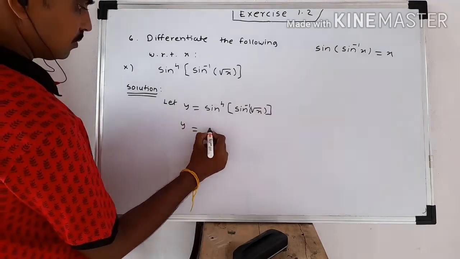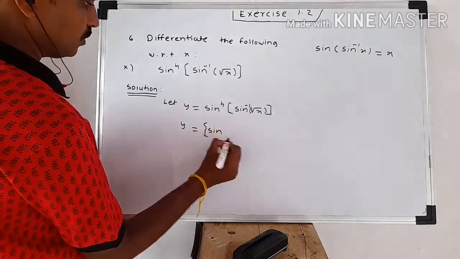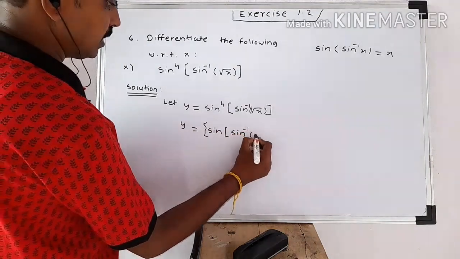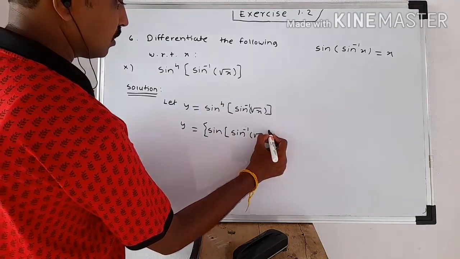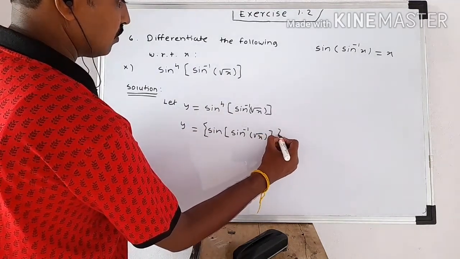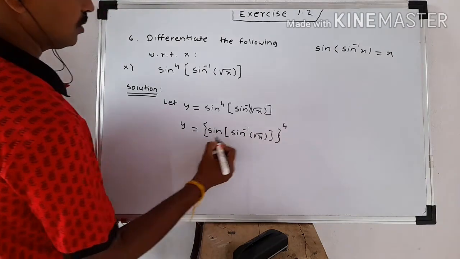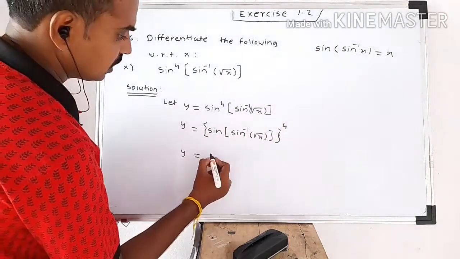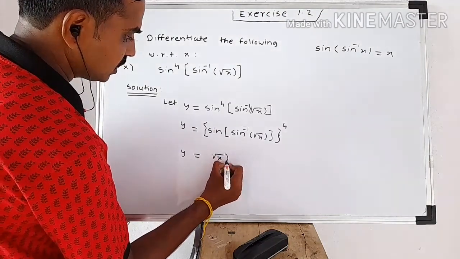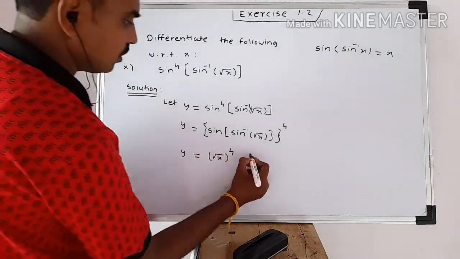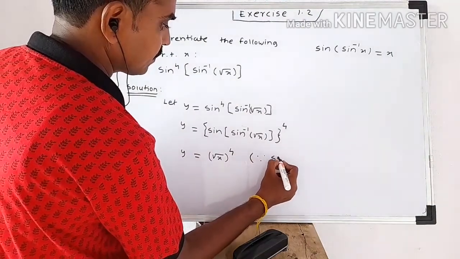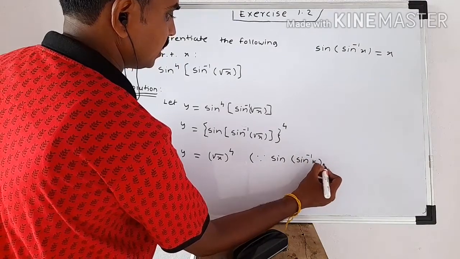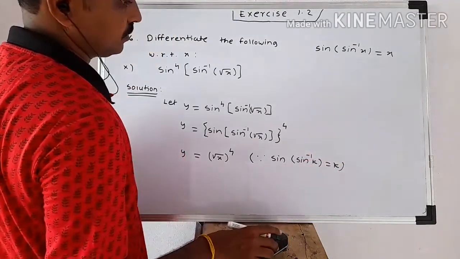Then we write the power for sin outside a curly bracket. The power of sin is 4, and by using this formula, sin of sin inverse of root x simplifies to root x raised to 4. We write the reason here: sin of sin inverse of k is equal to k.